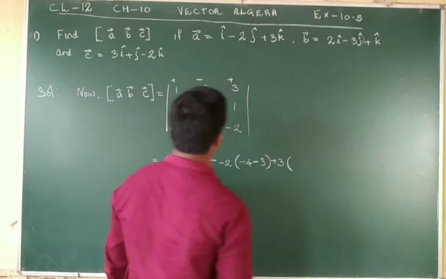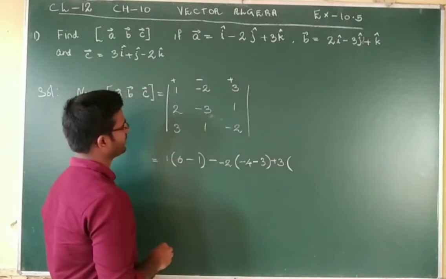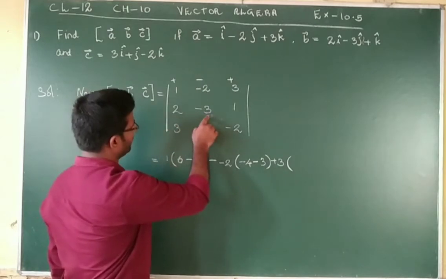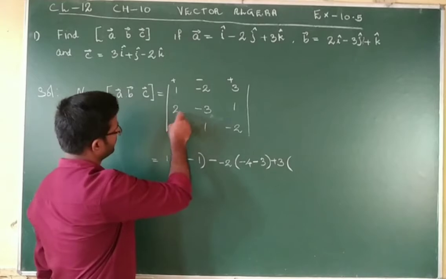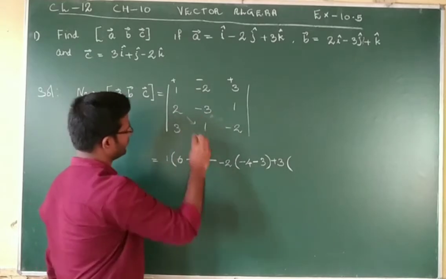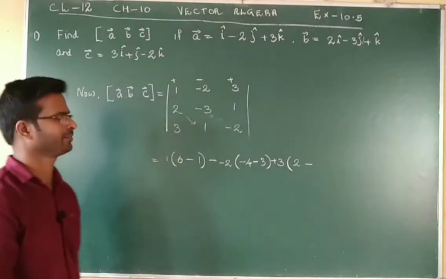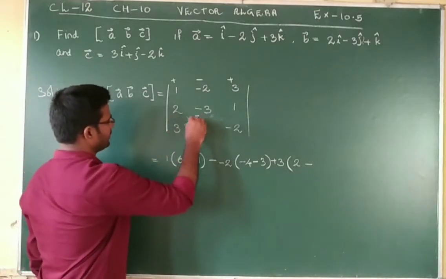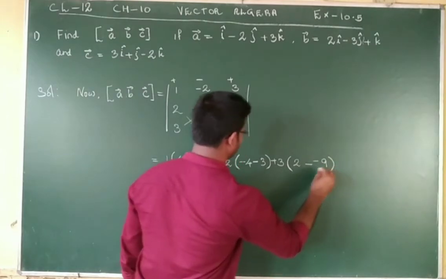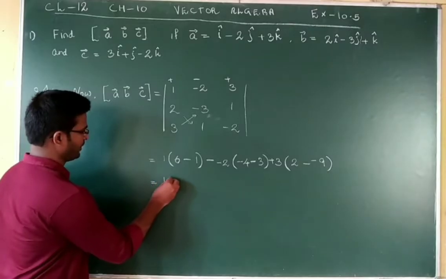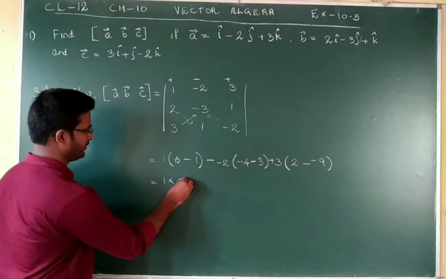Plus 3 into, we leave the first row and third column. Then the remaining numbers are 2, minus 3, 3, 1. Take cross multiplication: 2 into 1 is 2, then minus, 3 into minus 3 is minus 9. 1 into 6 minus 1 is 5.